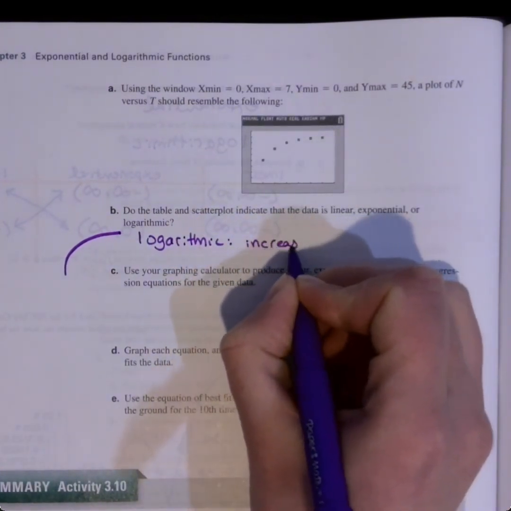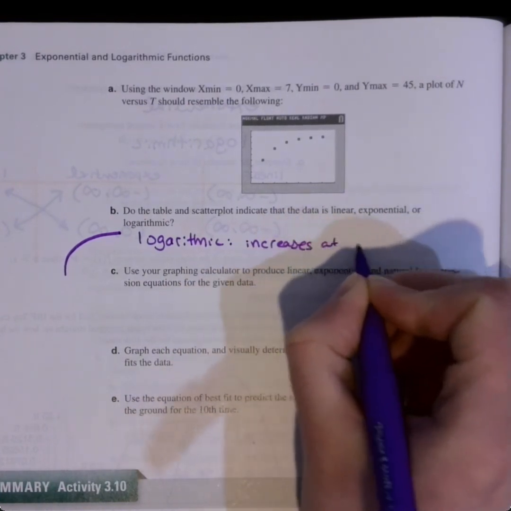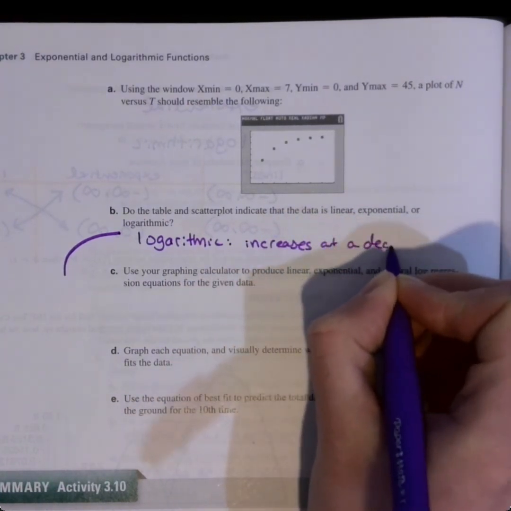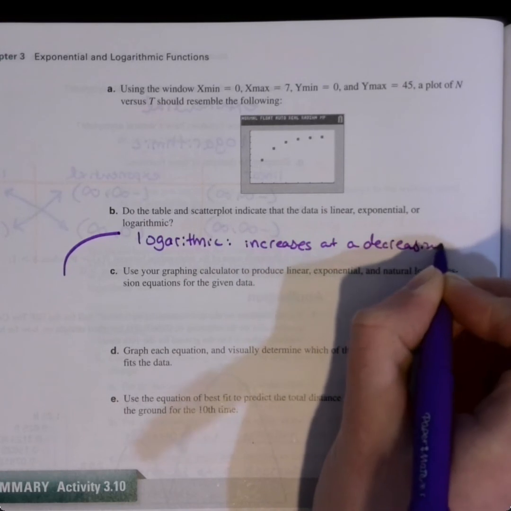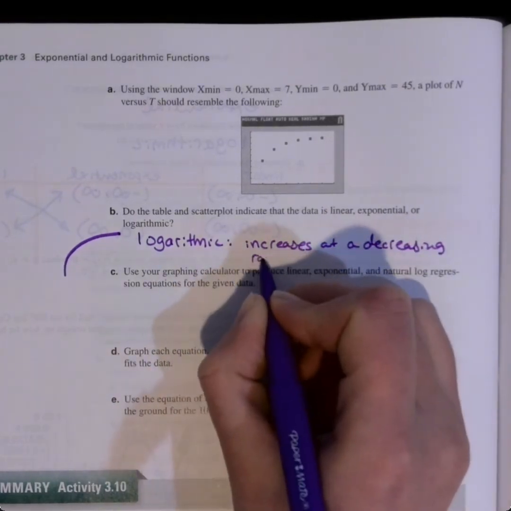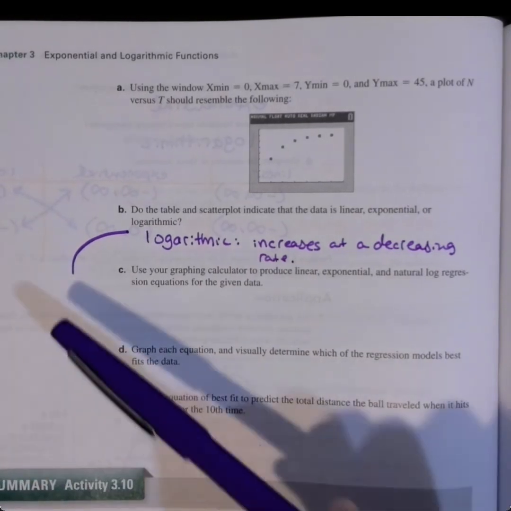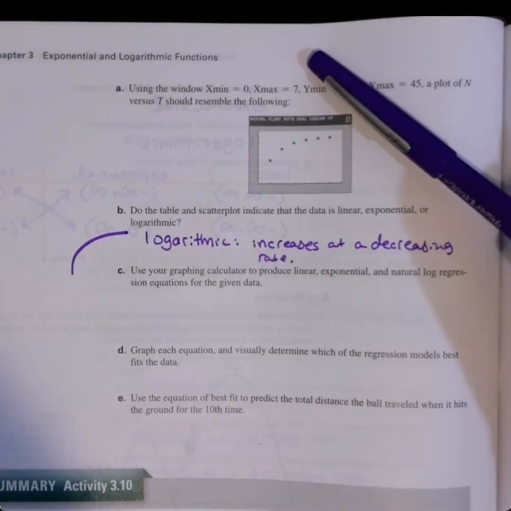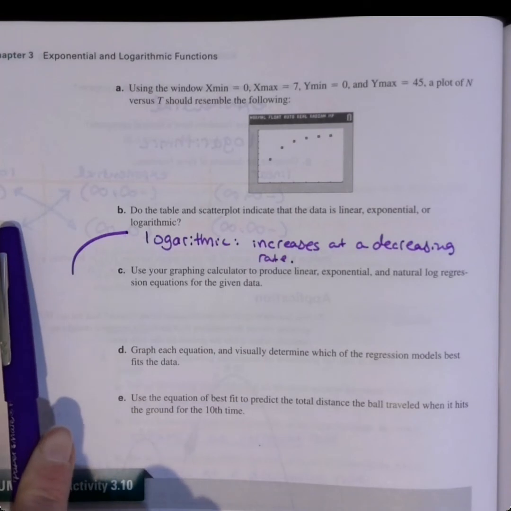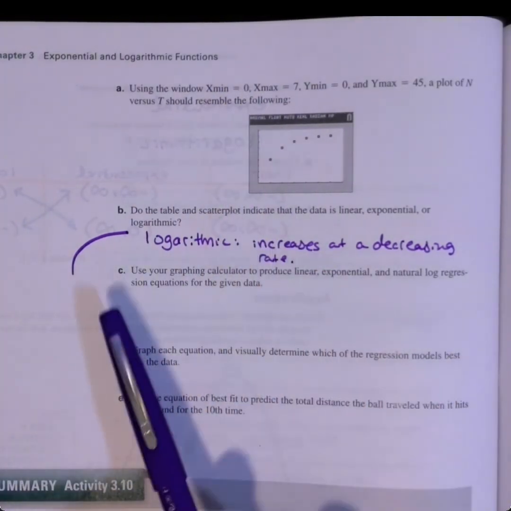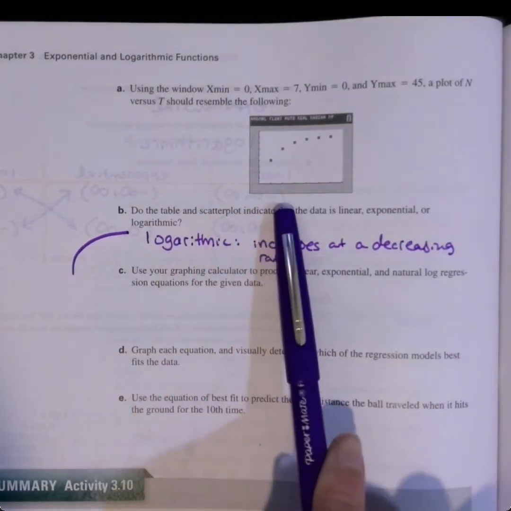Increases at a decreasing rate. So again, you have a picture in your mind that linear is straight, exponential increases at an increasing rate, and logarithmic increases at a decreasing rate.